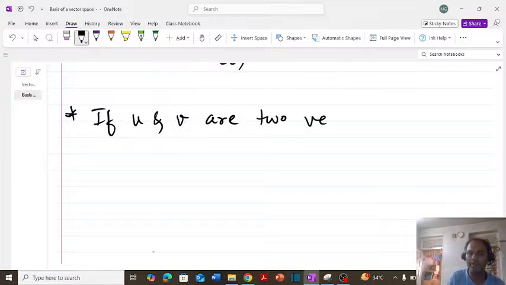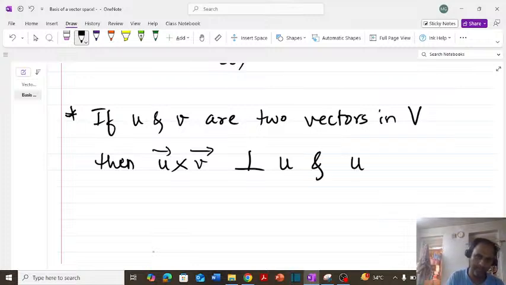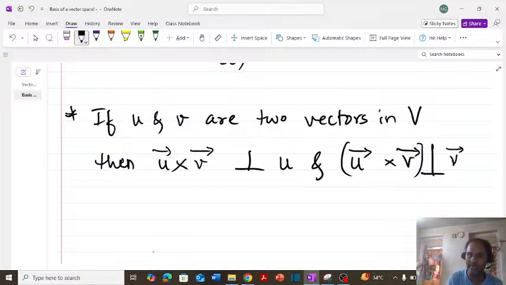Two vectors in V, then u bar cross v bar is perpendicular to u, and u bar cross v bar is perpendicular to v, both the vectors. Okay, this new vector is perpendicular to both.